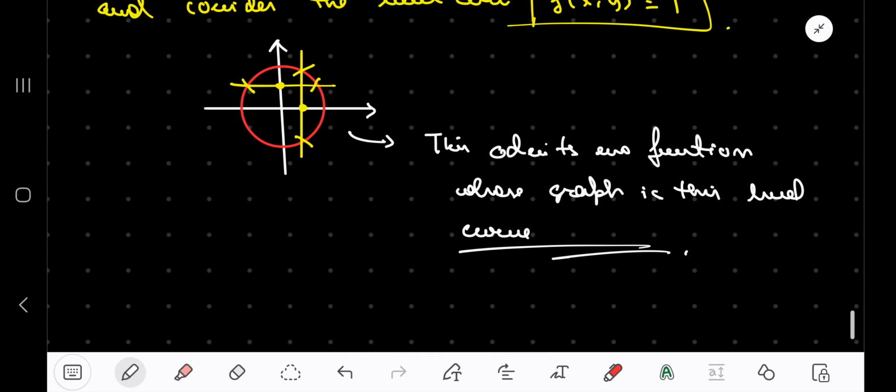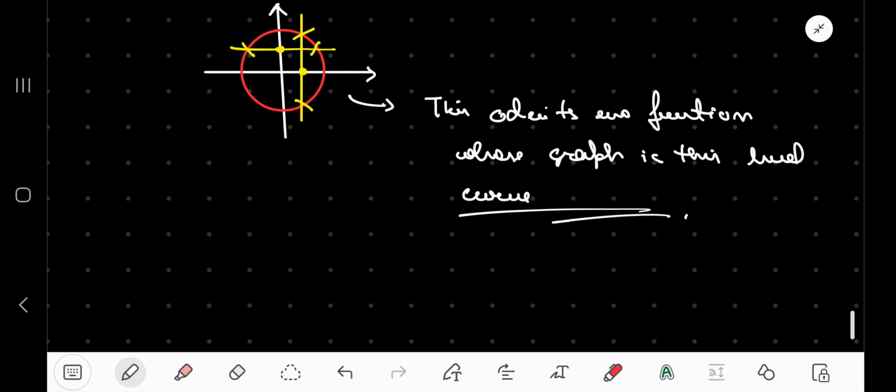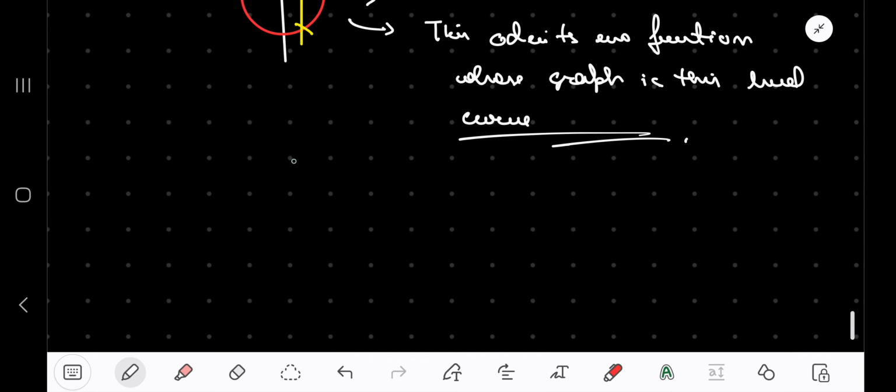Clear. But there is something very important to observe in this case. Suppose I draw the circle once more.